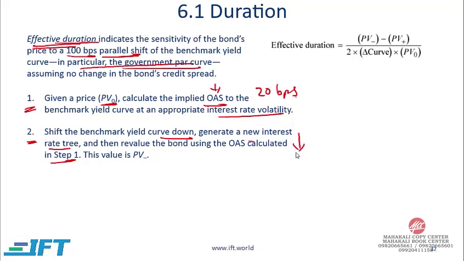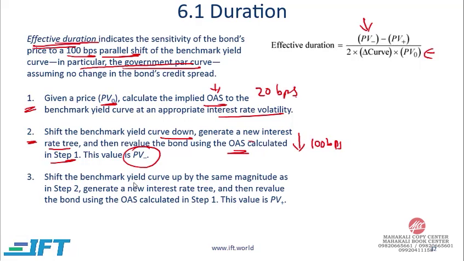Say we shift everything down by 100 basis points, and then we value the bond by also incorporating the option adjusted spread. The new value that we get is PV minus. So PV minus is plugged over here. We would expect PV minus to be higher than PV naught because at a lower rate the price of a bond will be higher. So we know PV minus and PV naught was the original price of the bond.